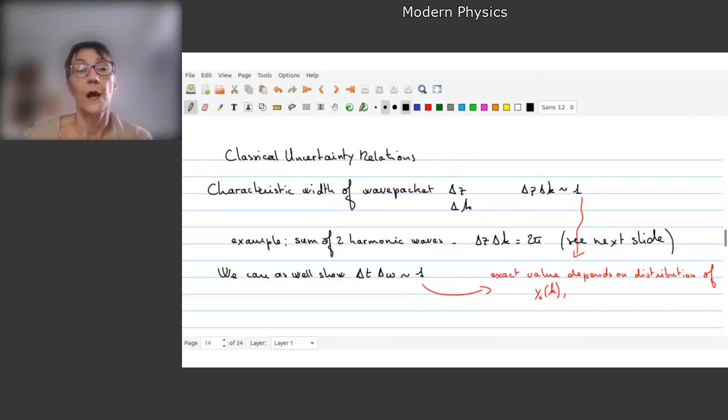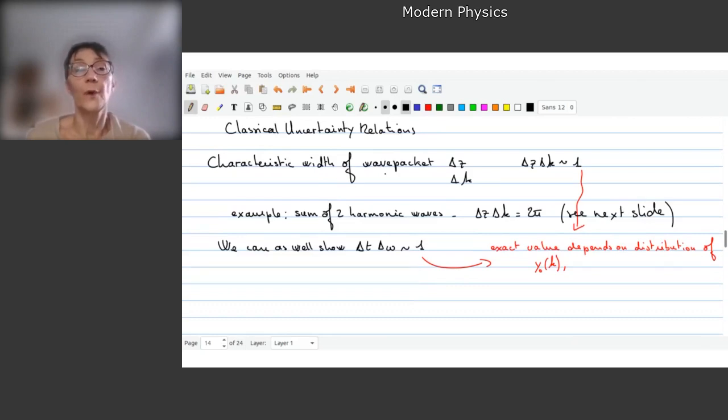And so we have here the classical uncertainty relations. You can characterize a wave packet, which has some kind of localization, so you can call here delta z a characteristic width of the wave packet, and here delta k a characteristic width of the wave number around the central wave number when you build your wave packets.